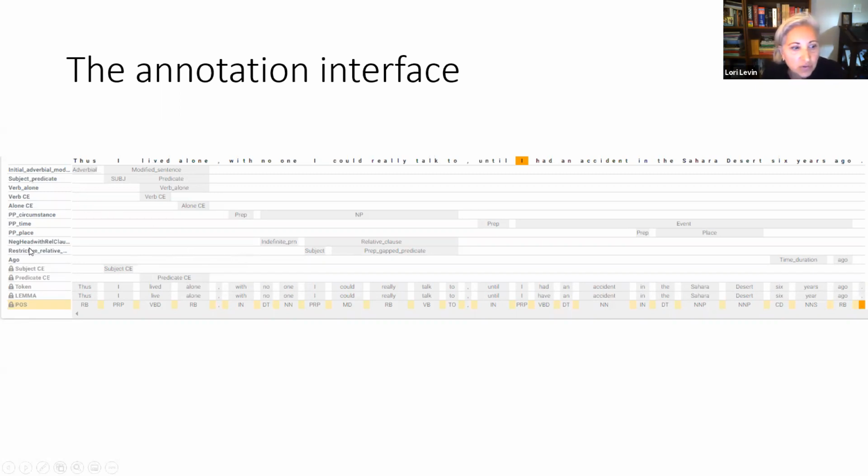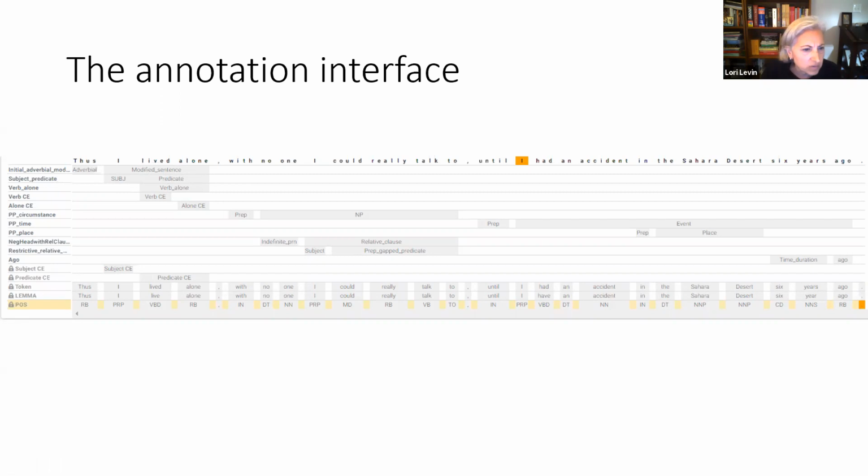The rows are the names of the constructions. If you look in any given row, in the subject predicate row, the two parts, called the construction elements, are subject and predicate. So in the subject predicate construction, subject and predicate are labeled as two construction elements.